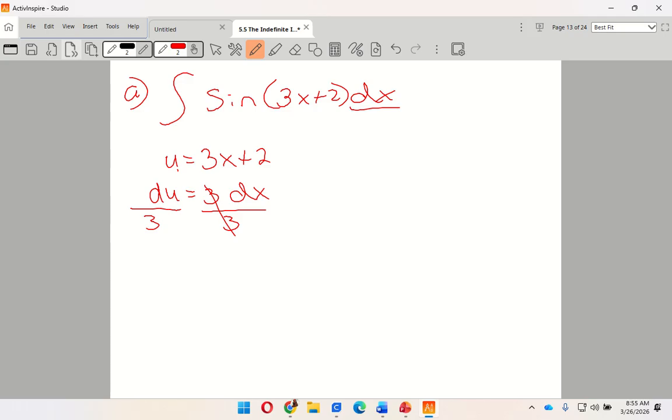What is dx equal to now? du over 3, right? So I'm going to replace my dx with du over 3, or 1/3 du. Isn't that 1/3 just a coefficient? It can go in front of my integrand: 1/3 integral of sine of u du.